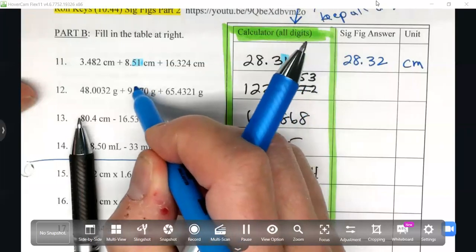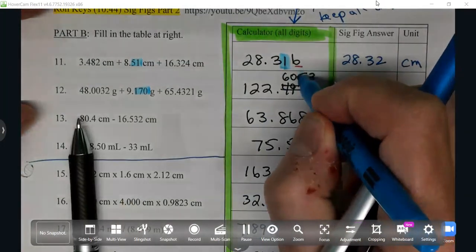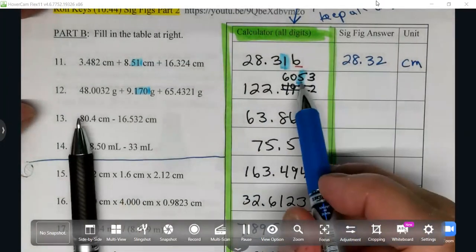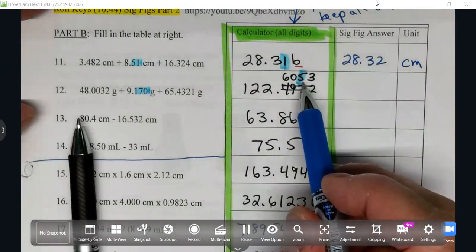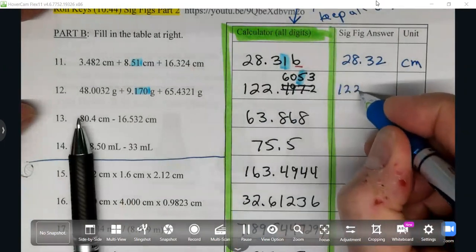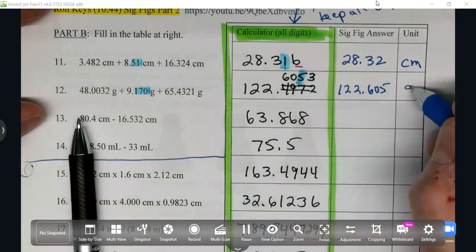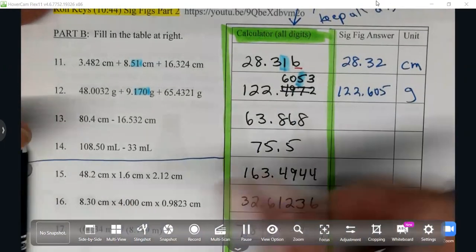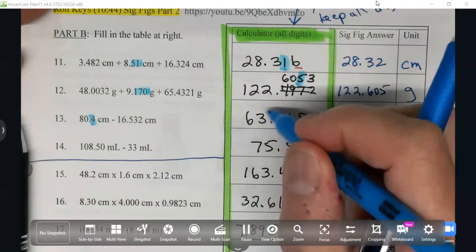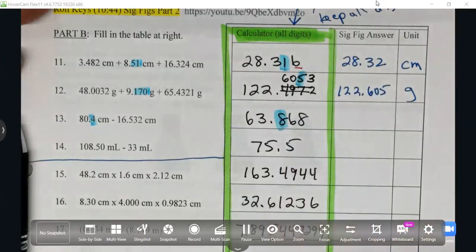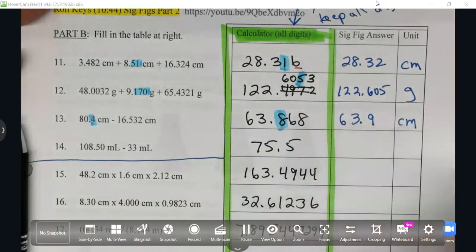Number 12. This is 3 decimal places. So if we did 3 decimal places here, we're going to take a look at this 5. That's a 3. That's going to stay a 5. Okay. So we're going to get 122.605 grams, the units being grams. Number 13. 1 decimal place. 63.9.